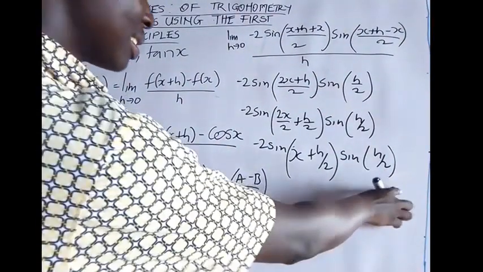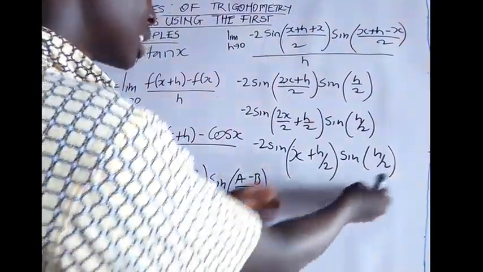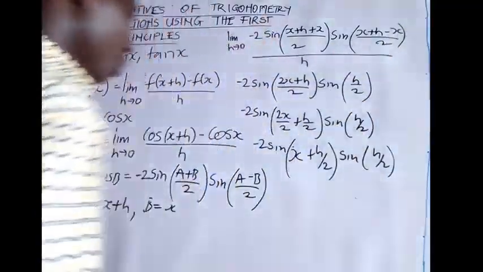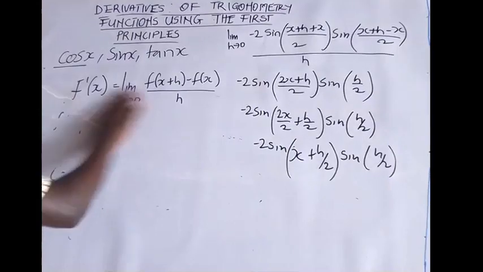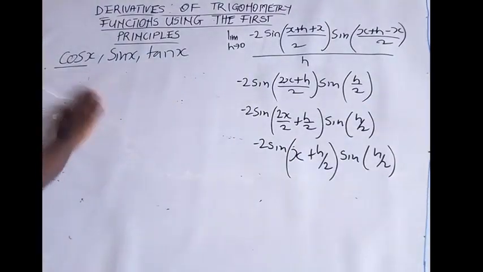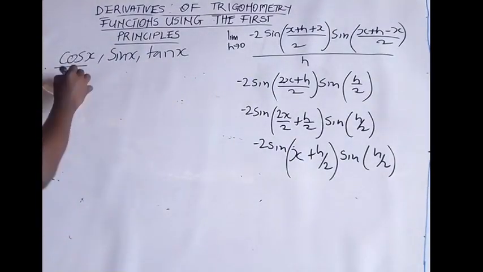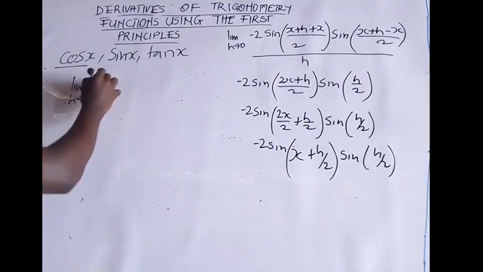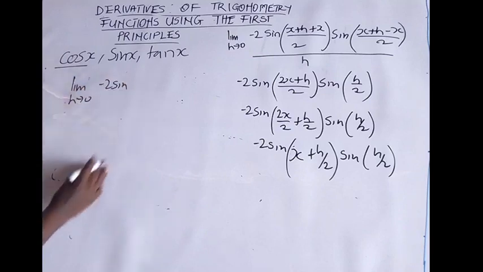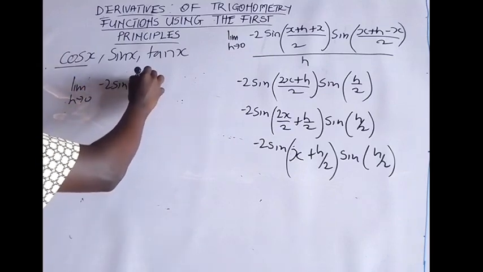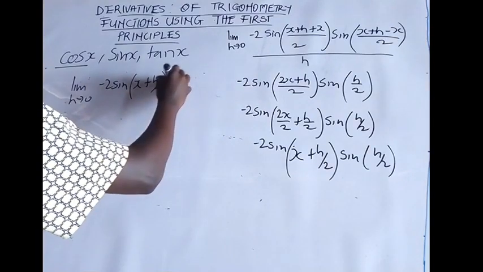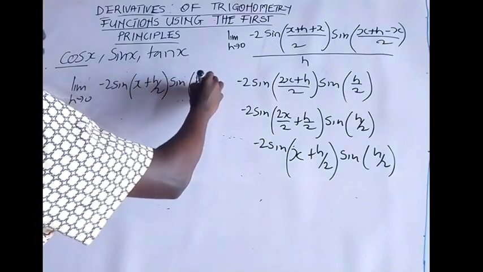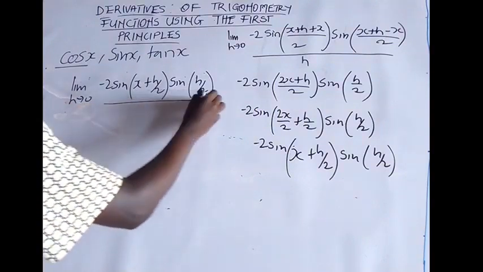So we are now having this thing. We just fix this one over here. So we get the limit as h approaches 0 of minus 2 sine of x plus h over 2 sine h over 2 all over h.